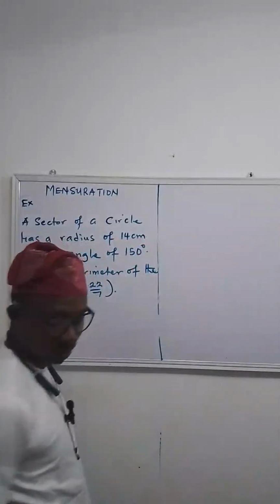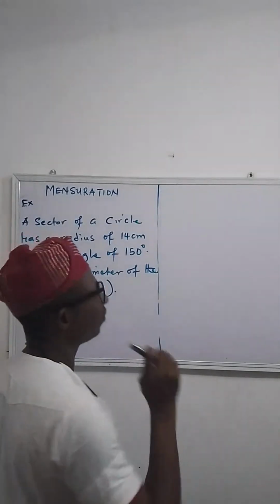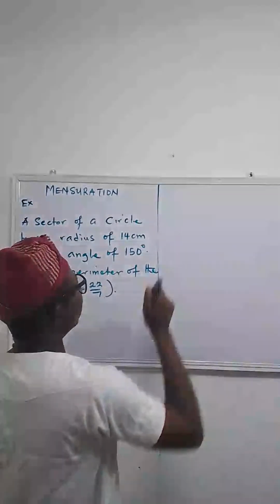All right, now the question says that a sector of a circle has a radius of 14 centimeters and an angle of 150 degrees. Now you have to find the perimeter of the sector. Now, what is the formula for calculating perimeter of a sector?